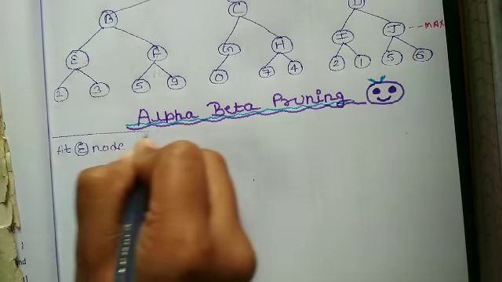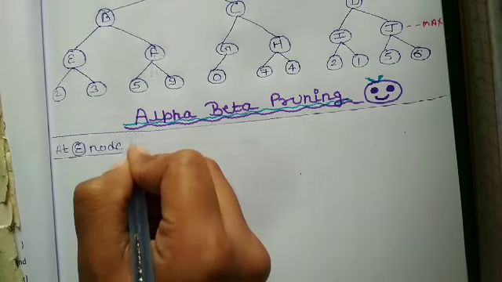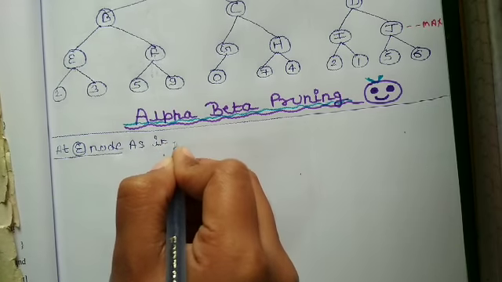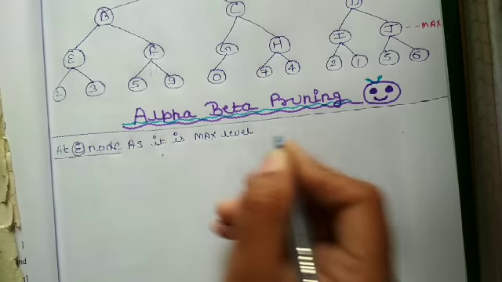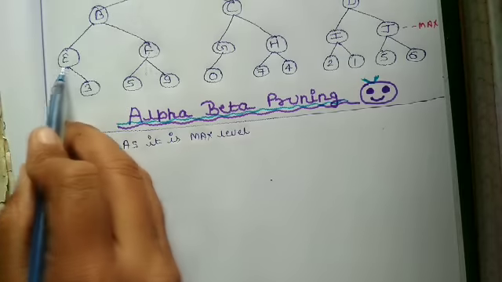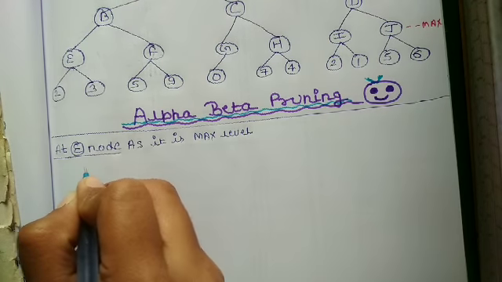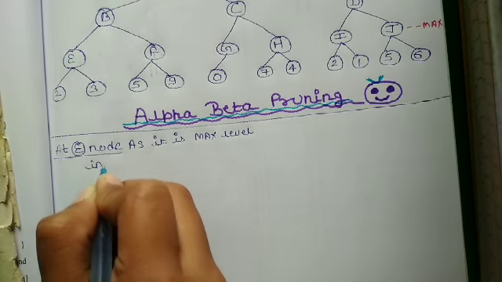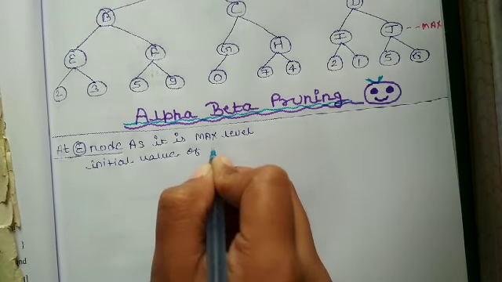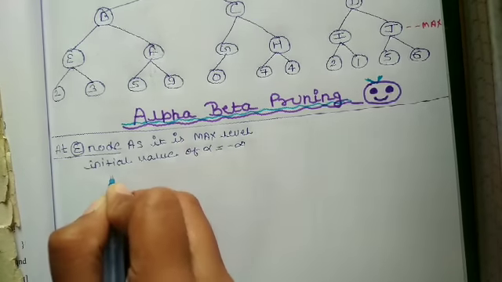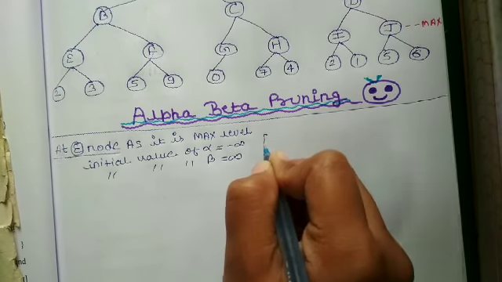Okay, just to make a gap here. At E node, as it is maximum level, level is max. This level is maximum level. Okay. So write the theory as: initial value of alpha is equal to minus infinity, initial value of beta is equal to infinity.